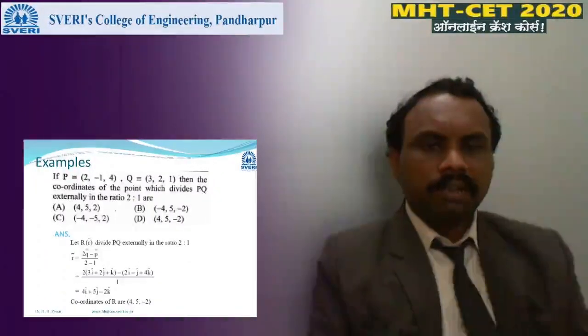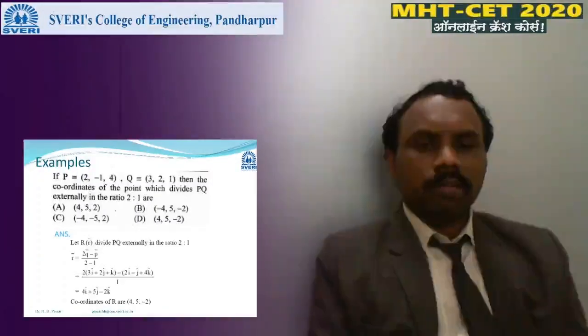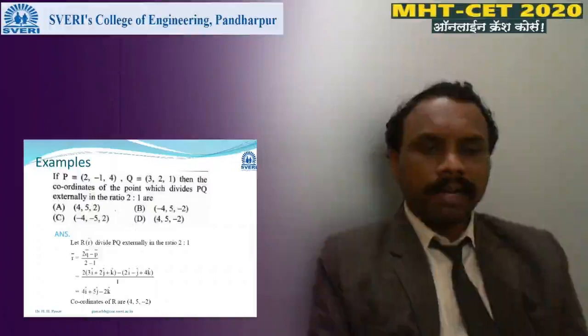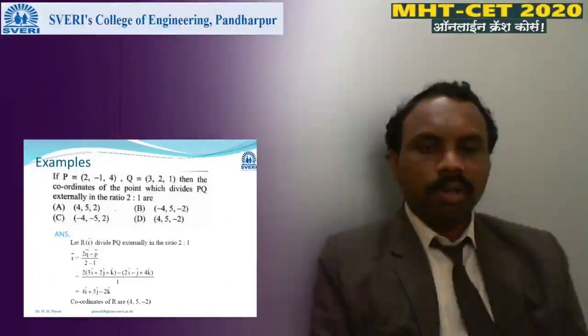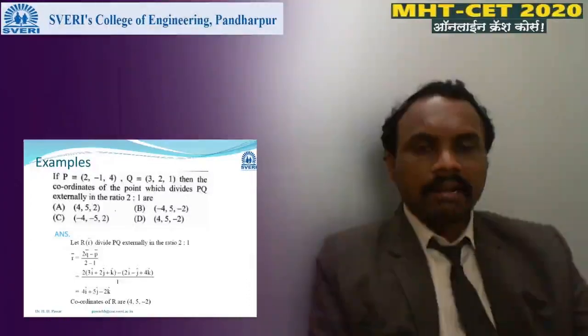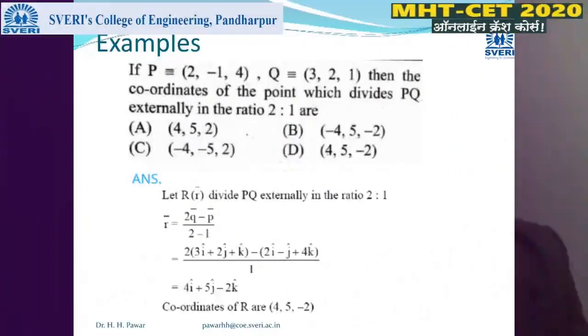If P is equal to (2, -1, 4) and Q is (3, 2, 1), then the coordinates of the point which divides PQ externally in the ratio 2:1 are: R divides PQ externally in the ratio 2:1. Hence R bar is obtained by 2 q bar minus p bar divided by 2 minus 1.